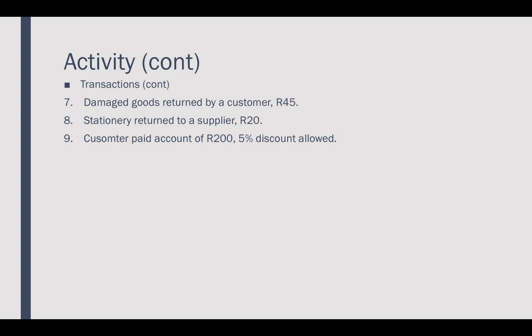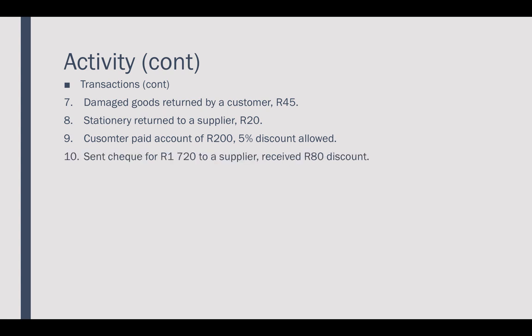This means that the amount that is going to affect bank will actually only be 190 and discount will be the other 10 Rand to make up the 200 that will be reduced from the customer's account. However, all of this will still go into the cash book on the receipts side, even though 10 Rand doesn't actually affect bank. Remember, we'll just put it into a discount allowed column.